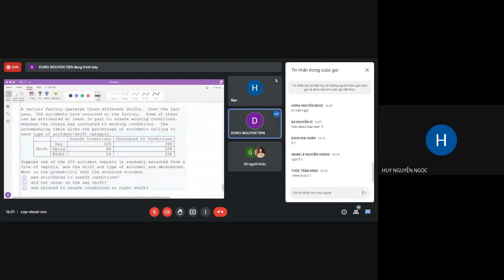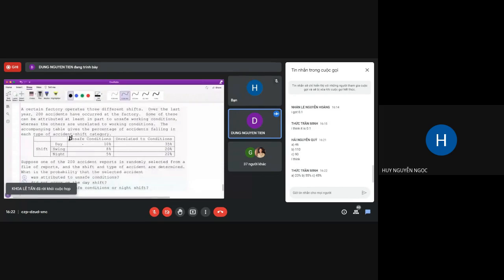You get that? Well, I will denote by U the events that it is related to unsafe conditions. I will denote by C the events that it is unrelated to conditions.